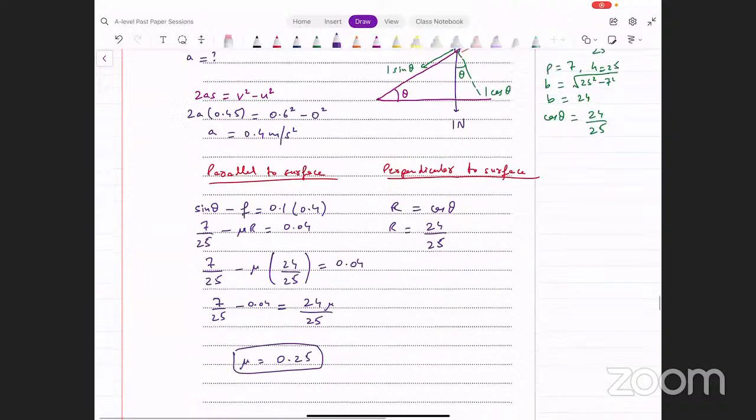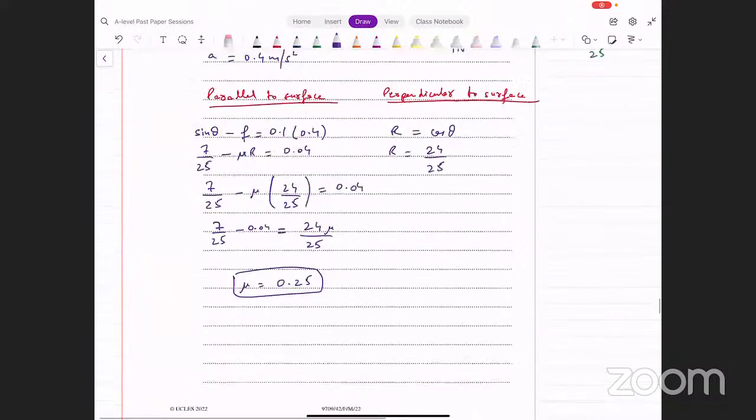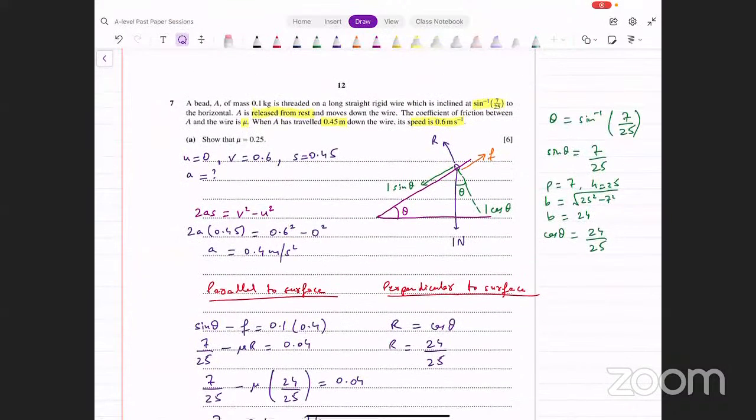7 part B. 7 part B में वो क्या कहता है? There's another bead B of mass 0.5 kilograms that is also threaded on the wire. Okay, so now there's another bead that is also threaded on the wire. Let me represent that here. I'm just going to draw that figure here again.